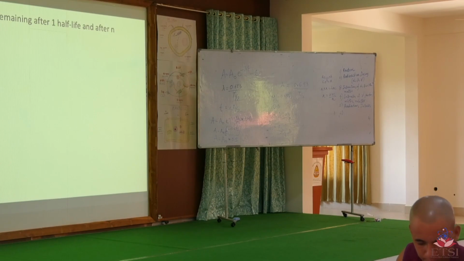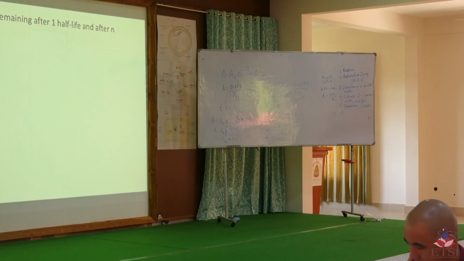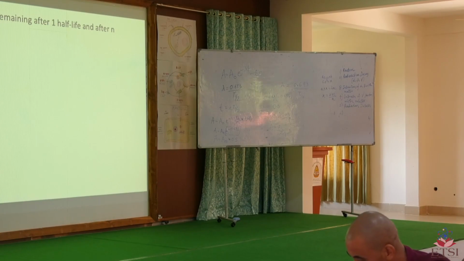I can write this as 1 by 2, half, to the power n. A naught times 1 by 2 to the power n, and 1 to the power n is 1 always, right? So A naught over 2 to the power n, right?